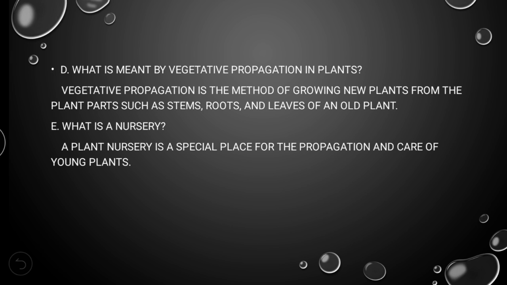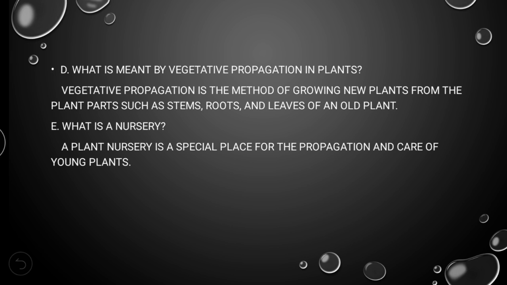Vegetative propagation is the method of growing new plants from plant parts such as stems, roots and leaves of an old plant. We have learned some examples like rose plant and banana. Do you understand?